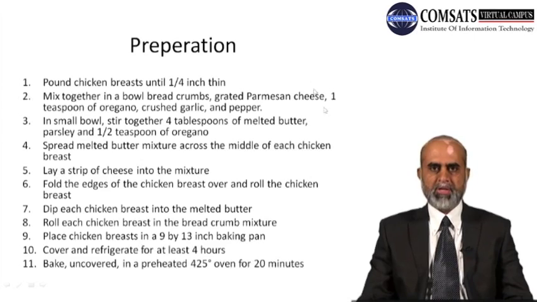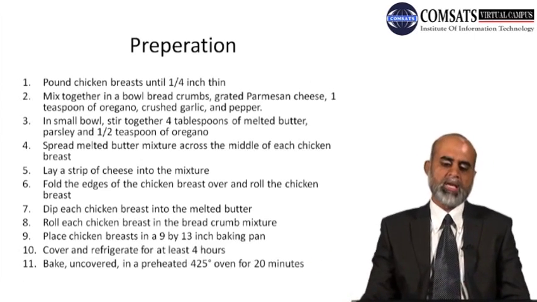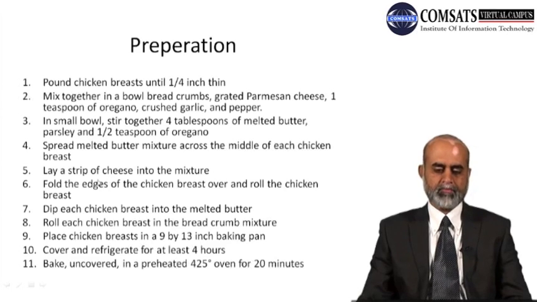You remember the strip of cheese that we have? 4 ounces of cheese, any hard cheese will do. Fold the edges of the chicken breast over and roll the chicken breast. Dip each chicken breast into the melted butter. Roll each chicken breast in the breadcrumb mixture.